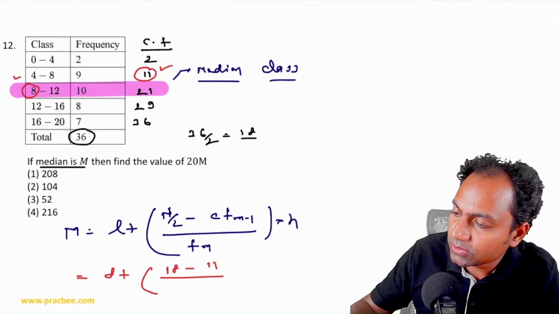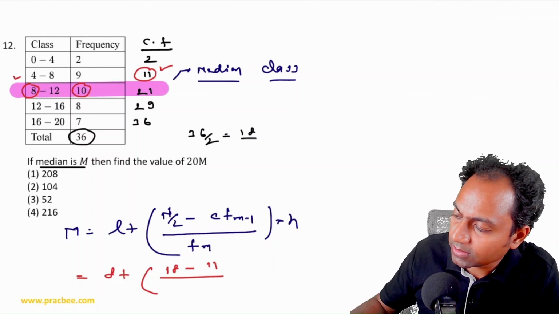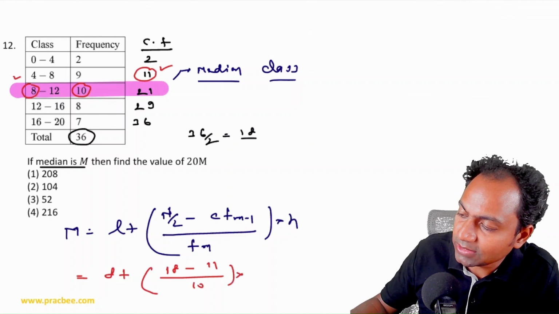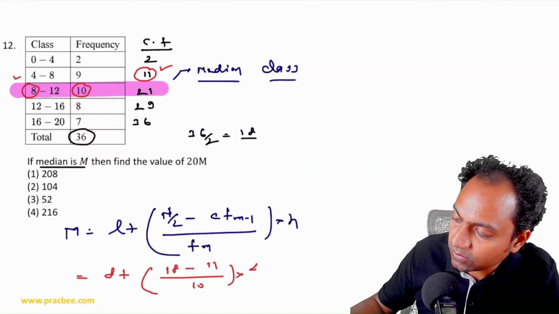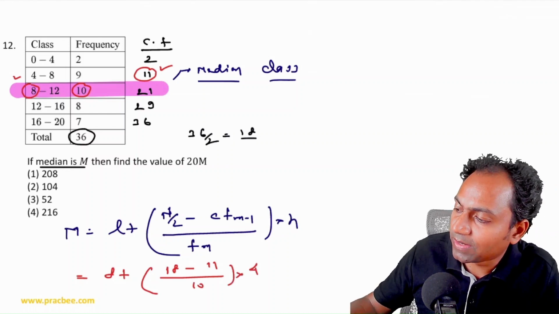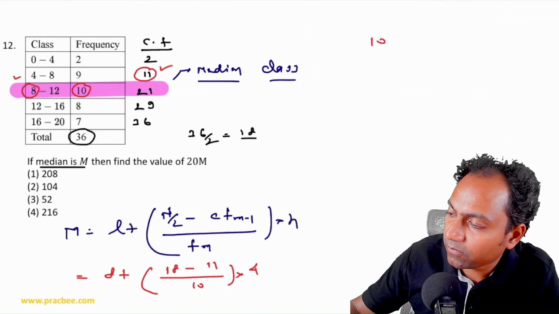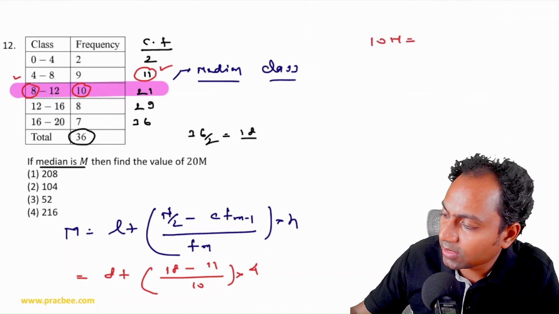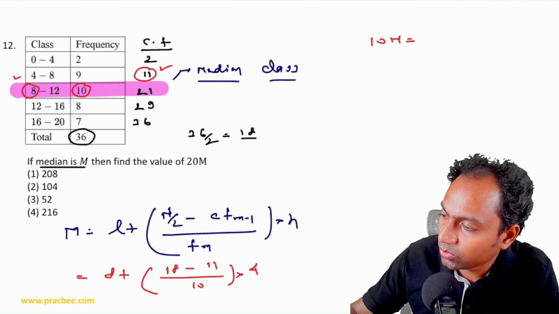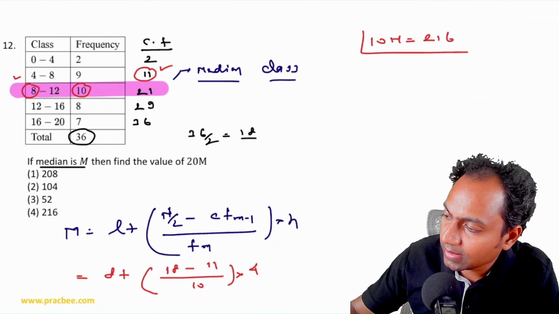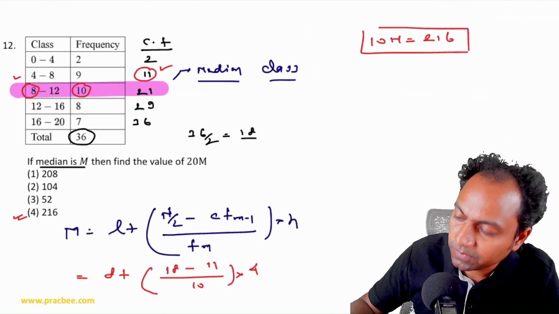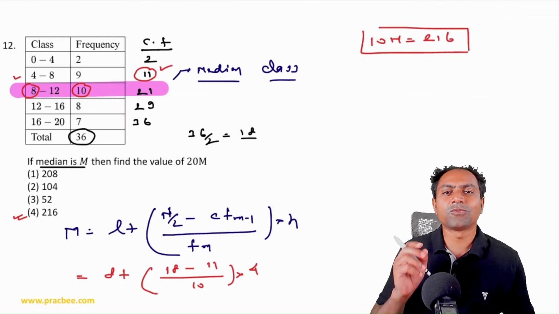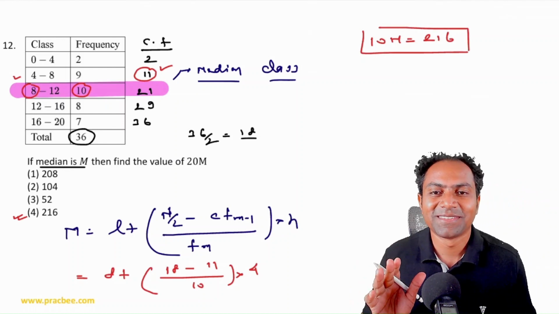And then frequency of this class, that is nothing but 10. Then h is nothing but class width, that is nothing but 4. So if I simplify and find the value of 10m from here, this will come out to be nothing but 216, and that is nothing but option 4. Very simple formula based question. If you just remember the formula, you will get it right.